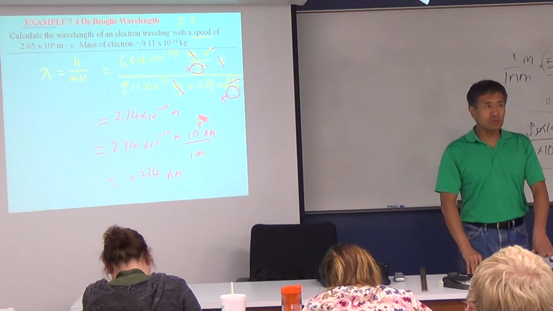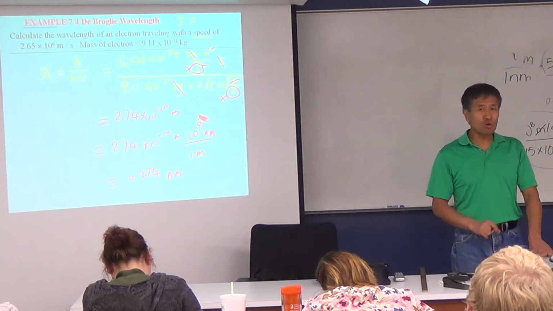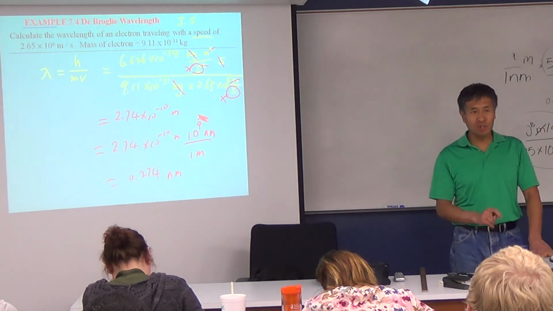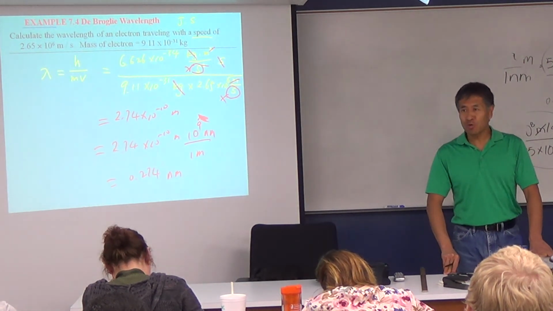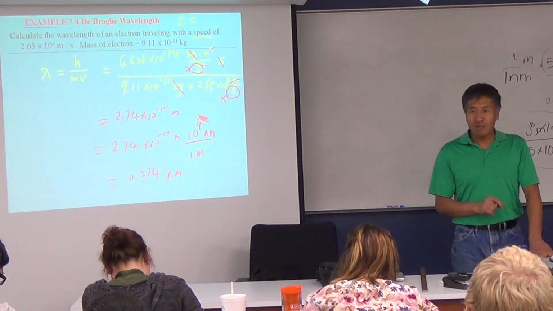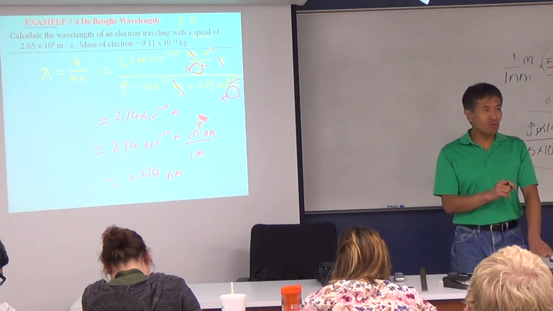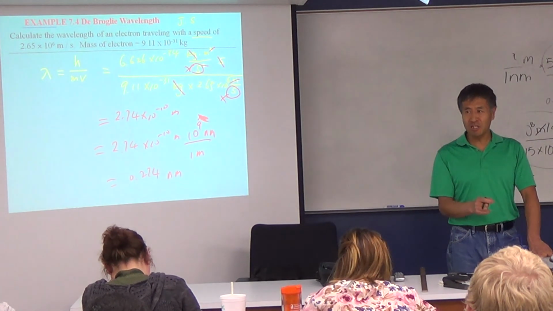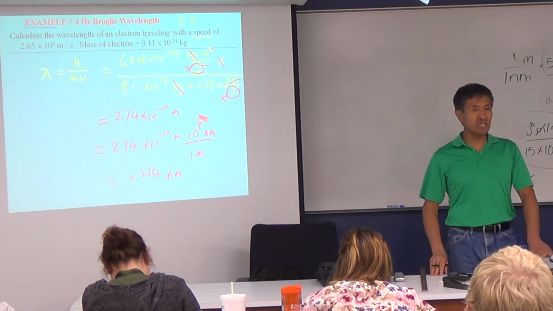You can use a solid crystal or atomic crystal lattice, and that will give you the gap between atoms. Therefore, you can use it as a grating system, and you will see the interference.